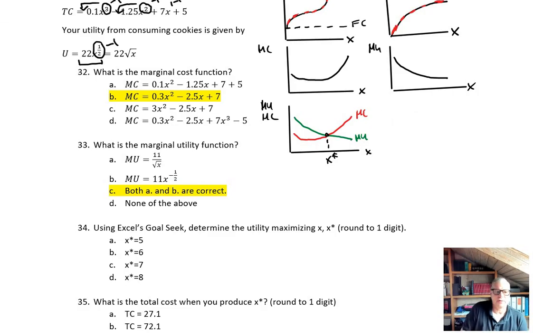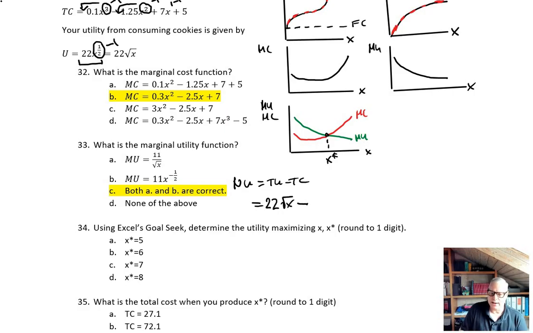I need more space here. Okay, so your net utility is your total utility minus total cost, right? So your total utility is 22 times the square root of x.